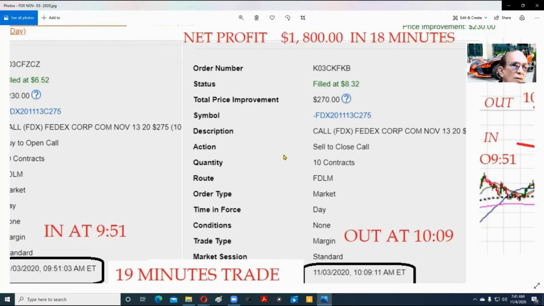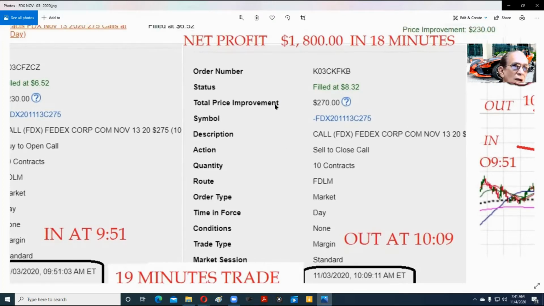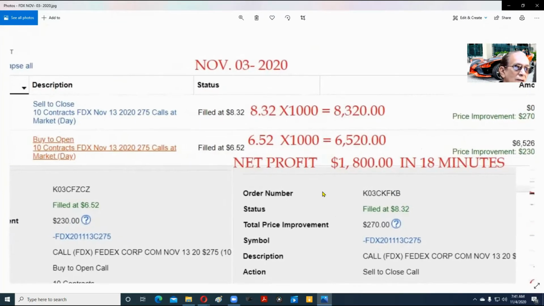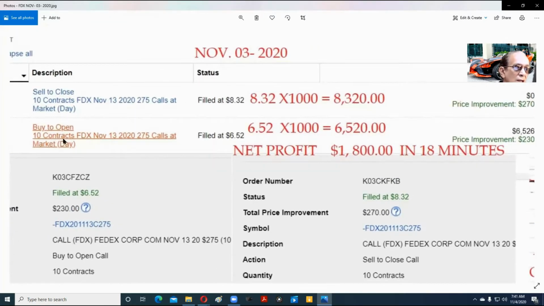Now to look at the transaction, how it took place, you can see that we bought 10 contracts expiring November 13, 2020 at $275 for FedEx. These are call options. We paid 6.52, times 1,000, since that's 10 contracts and each contract is worth 100 shares.